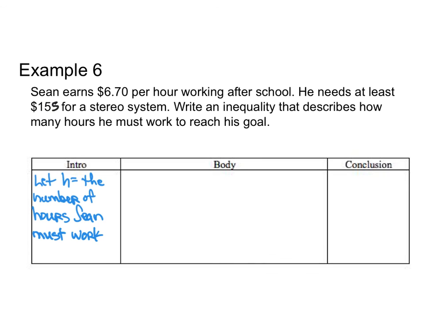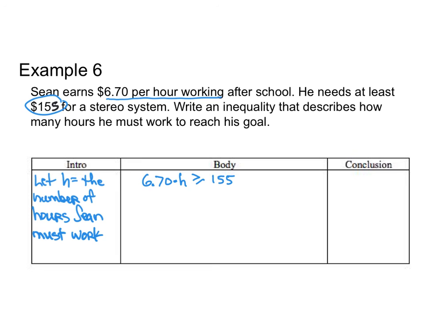So now let's write the rest of the equation. We have the $6.70 per hour, and he wants $155 for the stereo system. So it's $6.70 multiplied by the hours that he works needs to be greater than or equal to 155. That's our equation.